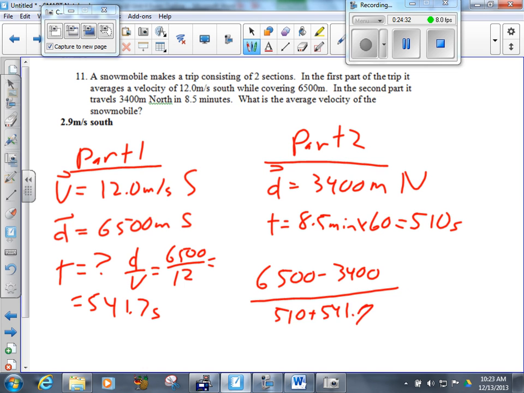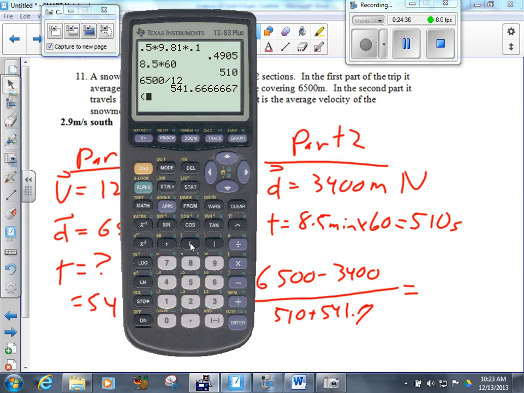That will give me my average velocity over the whole trip. So, in brackets on the top, 6,500 minus 3,400 divided by 510 plus 541.7 gives us 2.9 meters per second south.